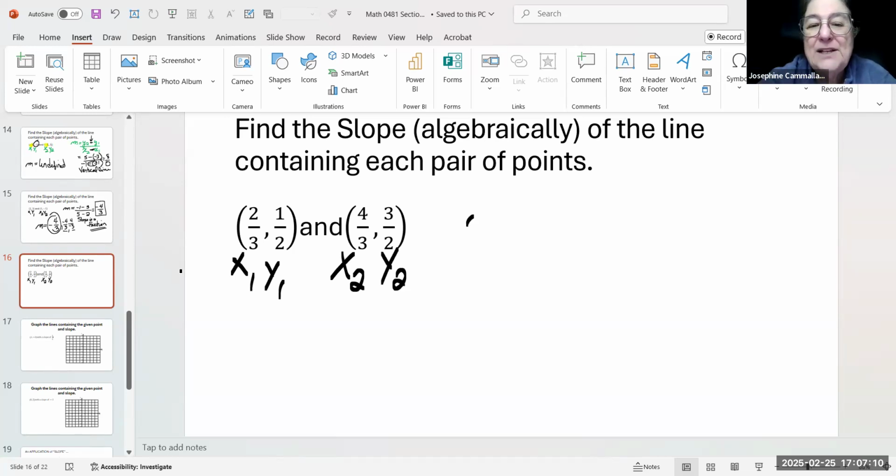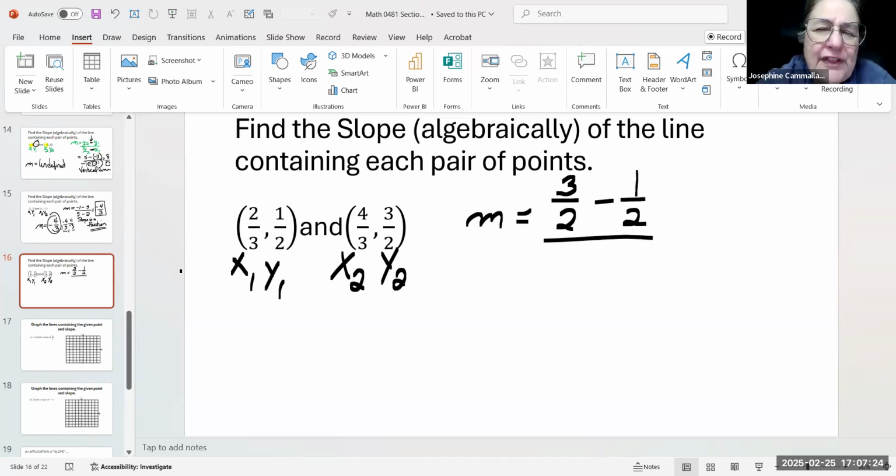Now, my slope is y2, which is 3/2, minus y1, which is 1/2. Look at this. Same denominators in my numerator.